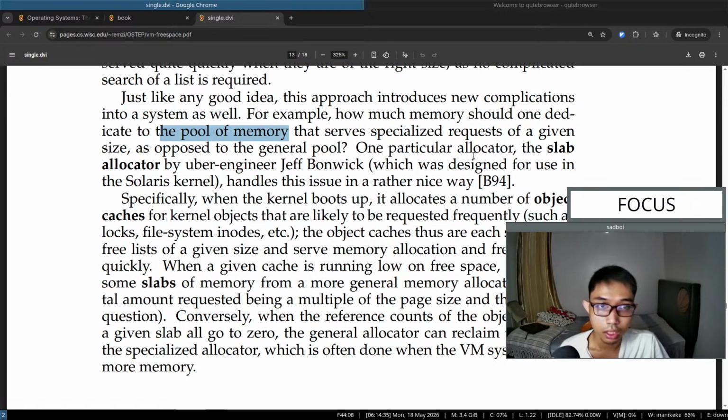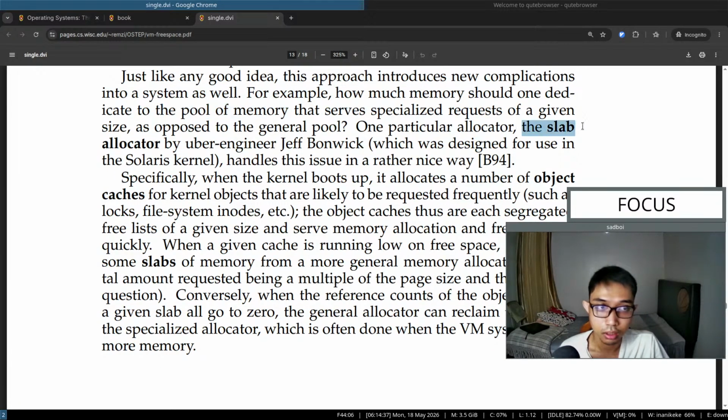One particular allocator, the slab allocator by Sun engineer Jeff Bonwick, which was designed for use in the Solaris kernel, handles this issue in a rather nice way.